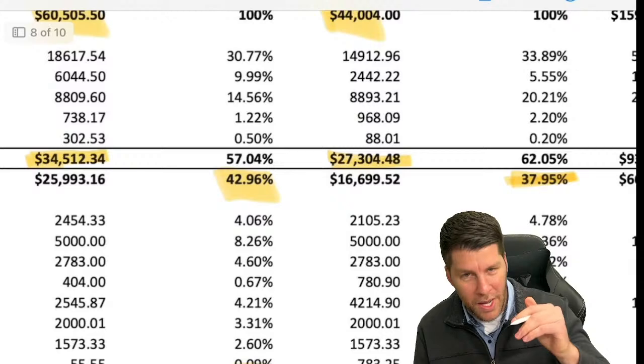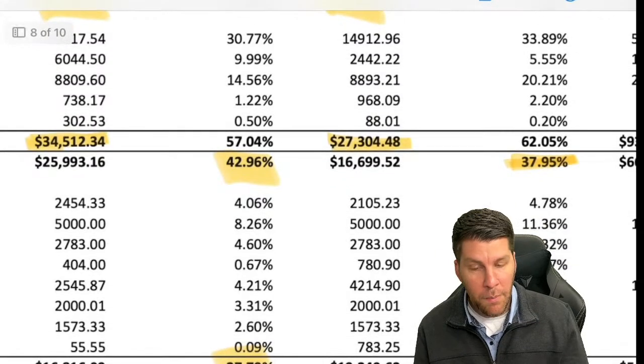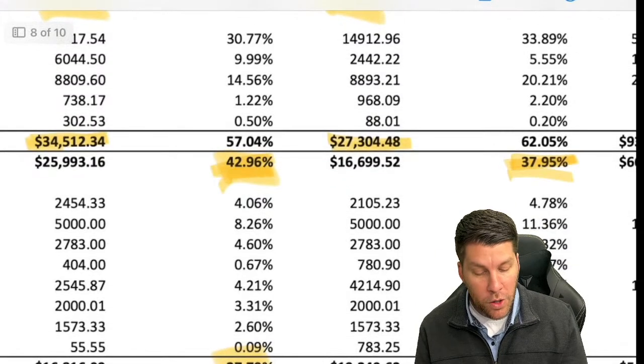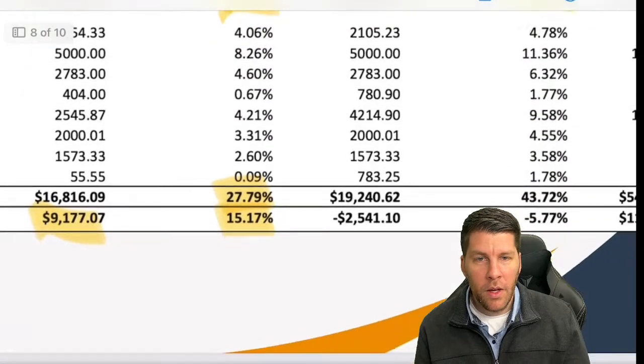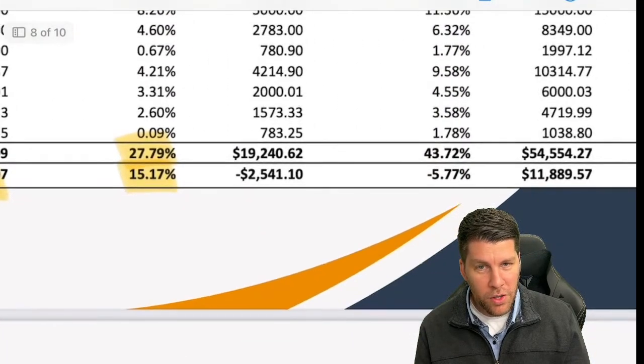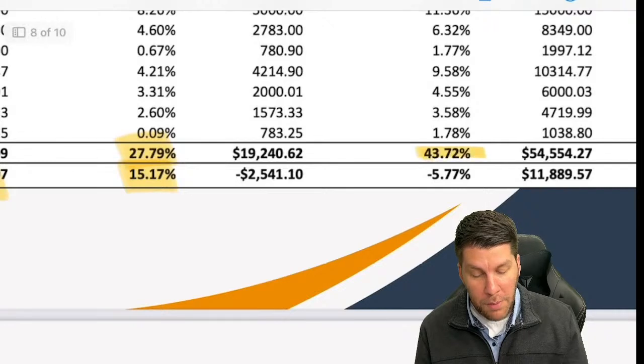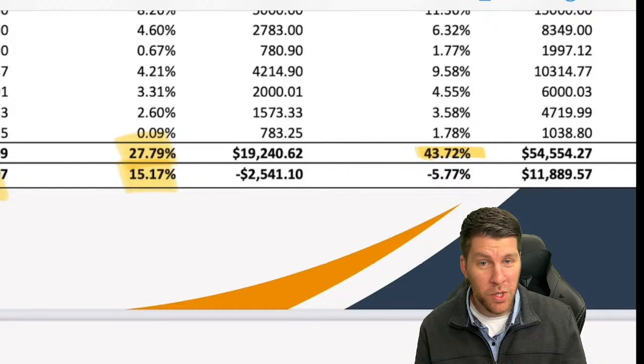So it compressed our gross profit margin from 42 to 37, which then correlates to 43% in our operating expenses, which is really not good, really out of whack, and a negative 5% margin here.